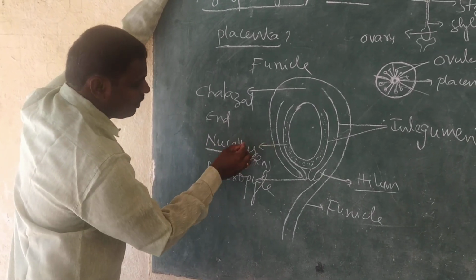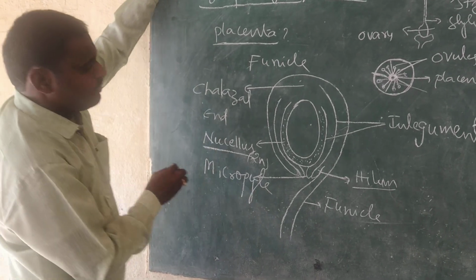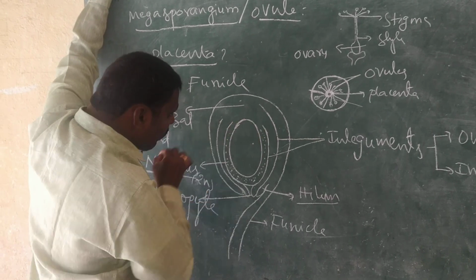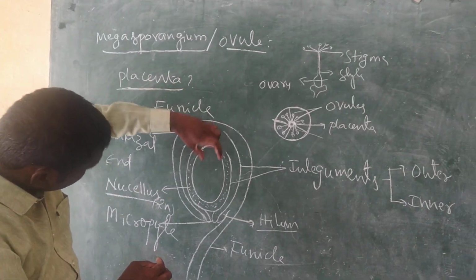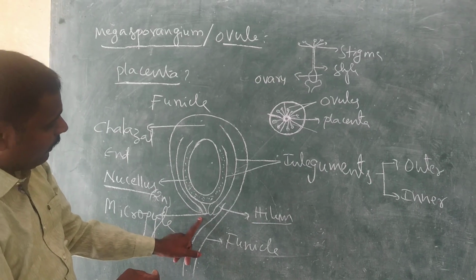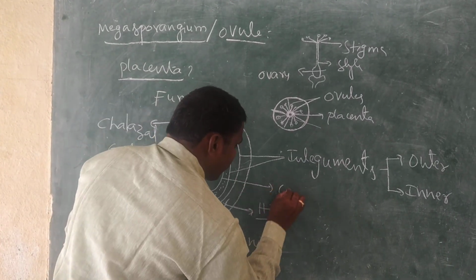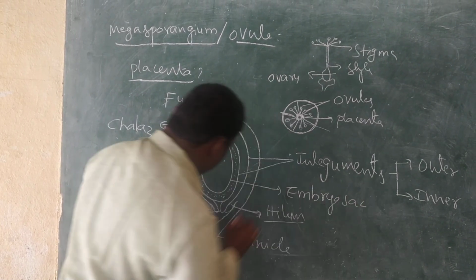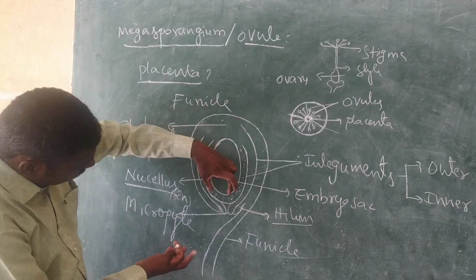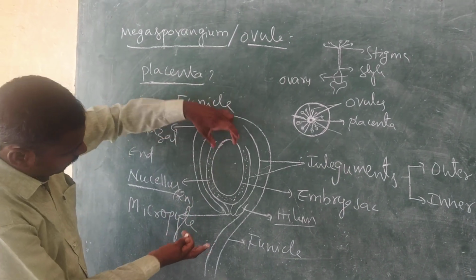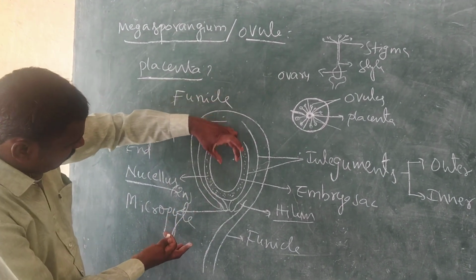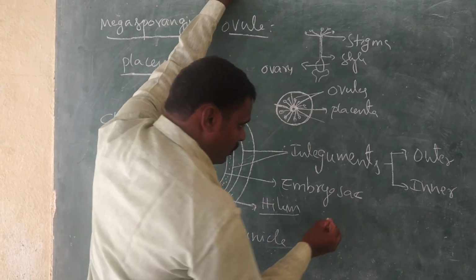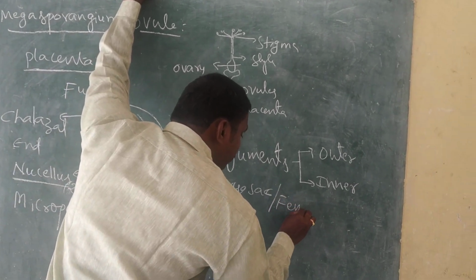And a large oval shaped structure embedded within the nucellus towards the micropylar end, that is called embryo sac. This embryo sac is also called female gametophyte.